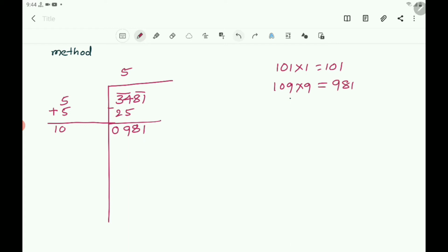So what you have to take? 109 into 9 equals 981, and subtract it. 981 minus 981 is 0. Therefore, what can you say? Square root of 3481 equals 59. Square root of 3481 equals 59.